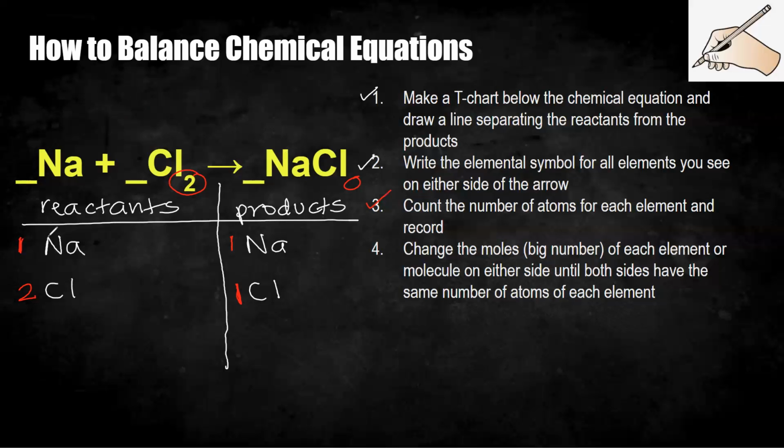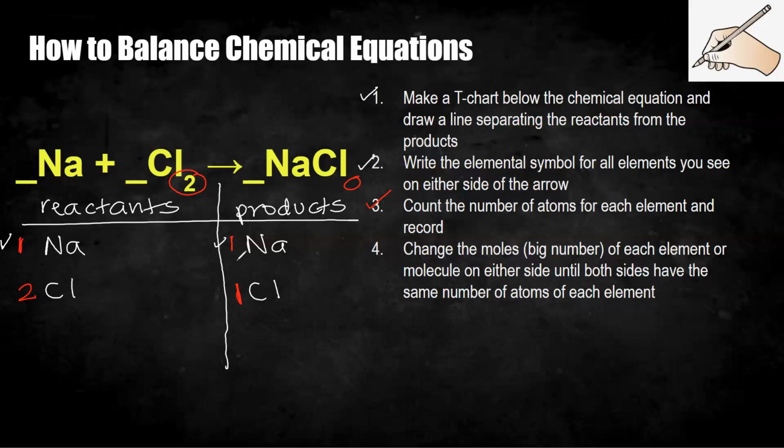Looking at our reactants and our products, I'm going to first evaluate sodium, and I see that sodium is equal on both sides. However, if I look at chlorine, I see that chlorine is not balanced, meaning that there are more chlorines over here on the reactant side than there are on the product side. So I need to do something about that.